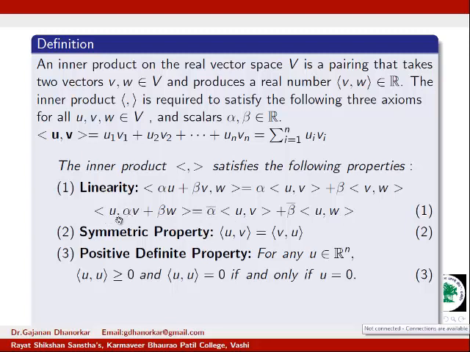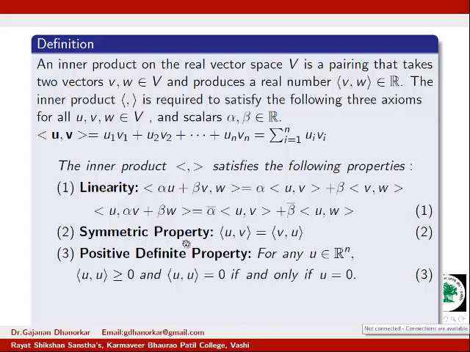Because when we take this alpha outside the inner product from the second coordinate, from this v, then alpha, a scalar with v, becomes alpha bar. And again, we are using only this condition, and instead of alpha bar we are using alpha, because we are taking a real vector space. In real numbers, the conjugate of a number is again the same number. Therefore we are not using alpha bar here, because we are in a real vector space.